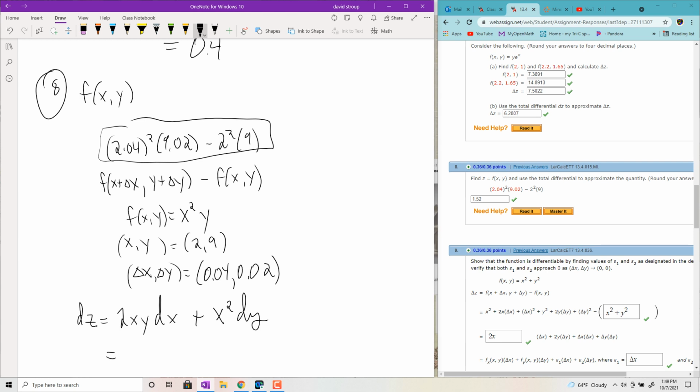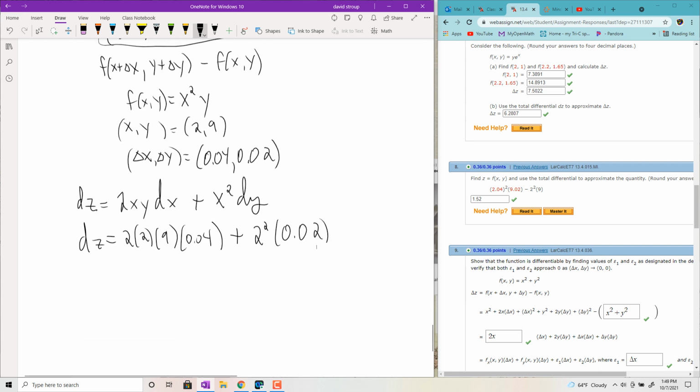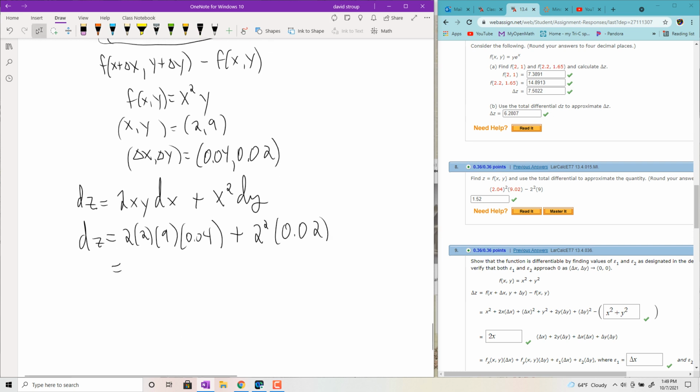So in our case, this would equal 2 times 9 times dx, which is 0.04, plus 2 squared times dy, which is 0.02. And then let me figure that out, and that should give us the approximation of that value.